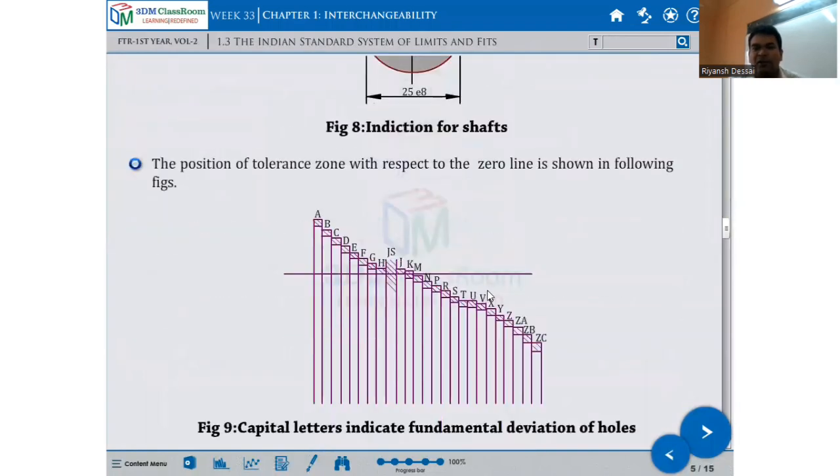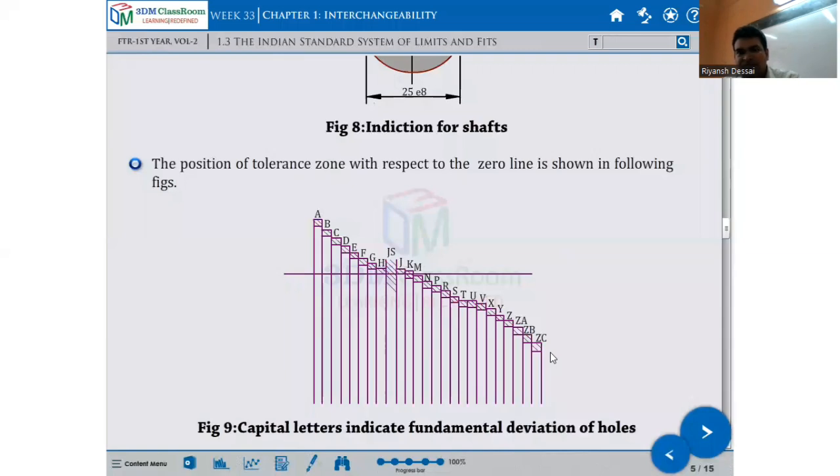Now let us make a chart of the tolerance for each letter. Here the letters are A B C D E F G H, then there is JS, then J K M N P R S T U V X Y Z, then ZA, ZB and ZC like this.